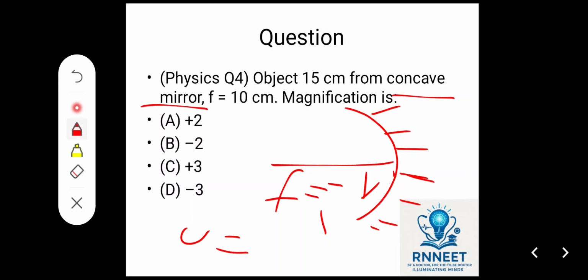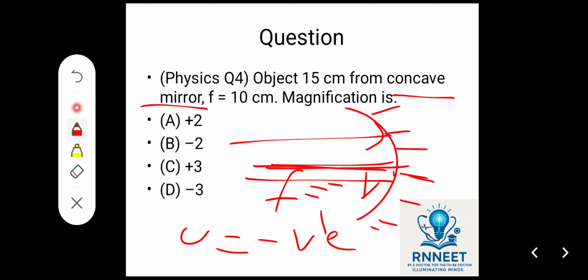U is always negative. Important to remember the cardinal signs, in which direction they are going to be coming from. Object is going like this, so anything in this direction is positive, anything taken from here is negative. U is calculated from here, negative. F is calculated from here, negative.